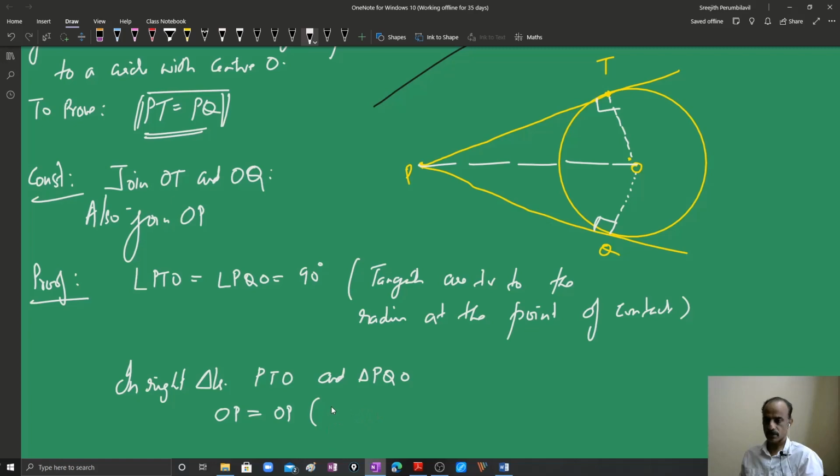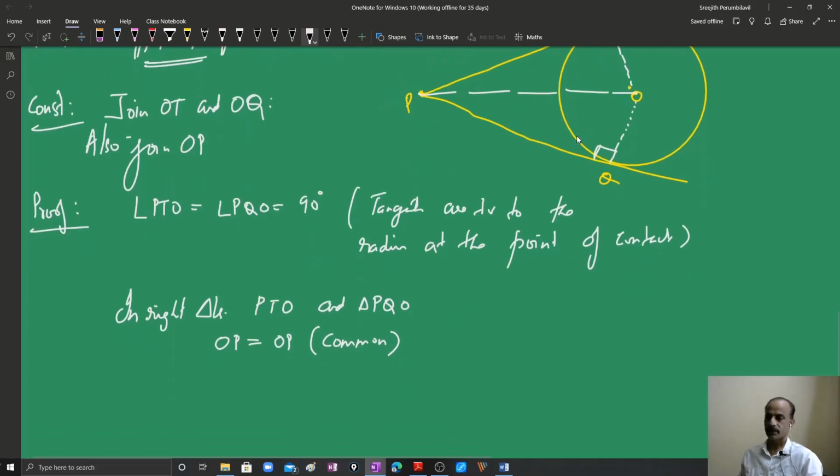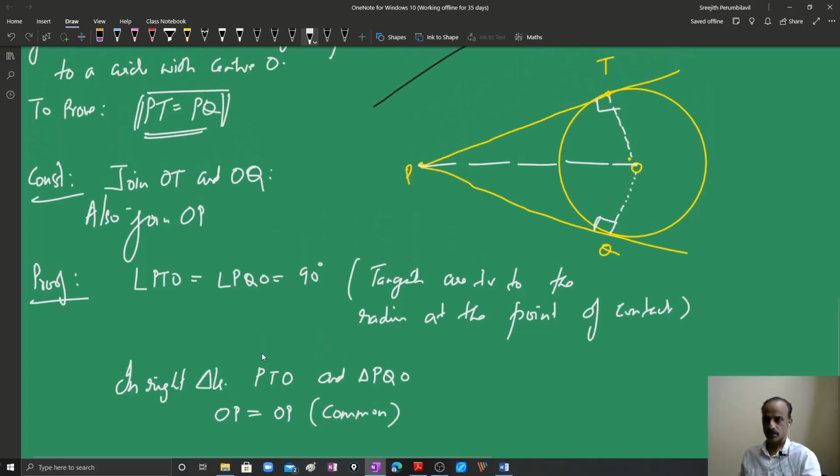The hypotenuses are equal, common, because hypotenuse means lying opposite to the right angle. Also OT is equal to OQ. Why? They are radii of the same circle.